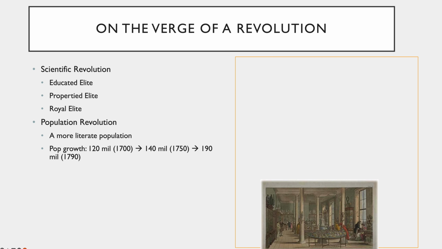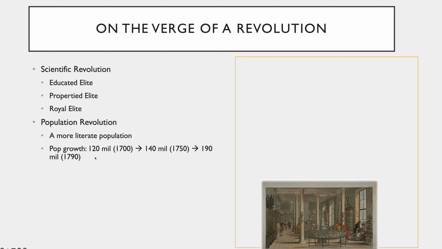But we also see population growth, and this is just an example. I think this is in Europe. Population grew in a very short span of time, right? It went from 120 million in the 1700s to about 140 million in the 1750s, to not quite double, but a good two-thirds of it by 1790, right? 190 million.